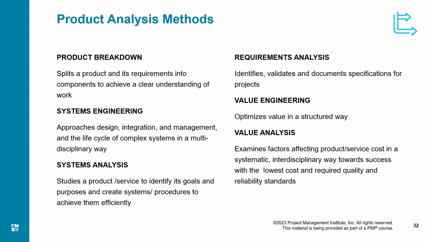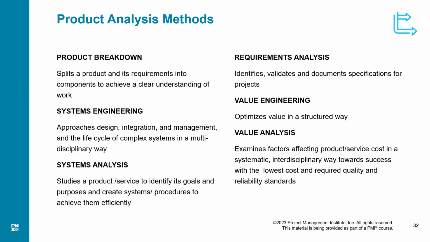Now, related concepts are value engineering and value analysis. We have talked about the business value. We have talked about that whatever we do, it should generate some kind of value. So value engineering is a discipline to optimize value in a structured way, whereas value analysis examines factors affecting product or service cost in a systematic, interdisciplinary way towards success with the lowest cost and required quality and reliability standard.